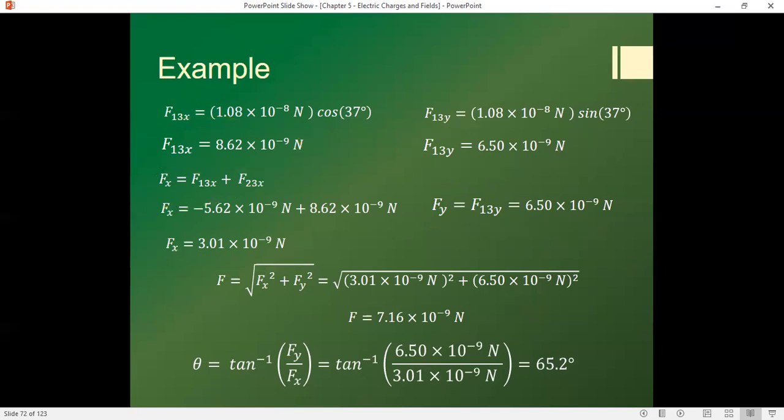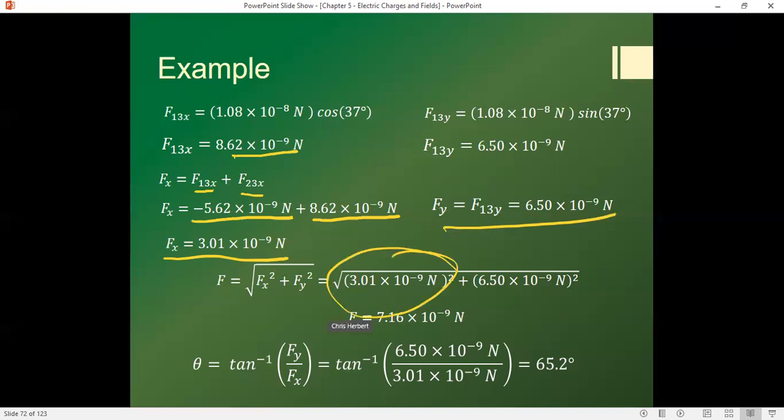So again, F13x, which I just found, plus my previous result, F23x. Okay, we add them together. Here's our current value. Here's our previous value. We add them together. We get this for a force. Okay. It's my Fx, that's my Fy.